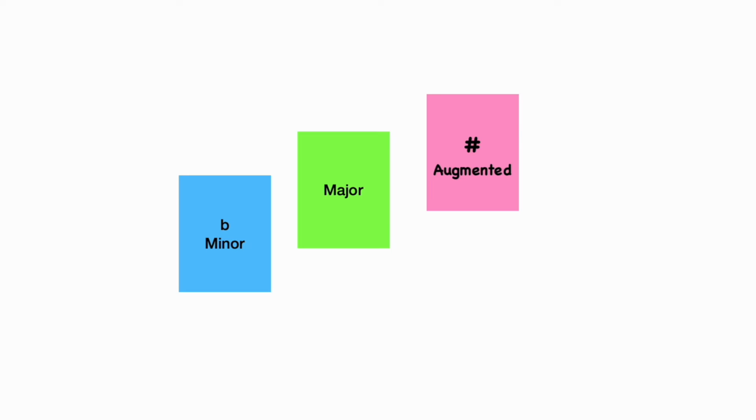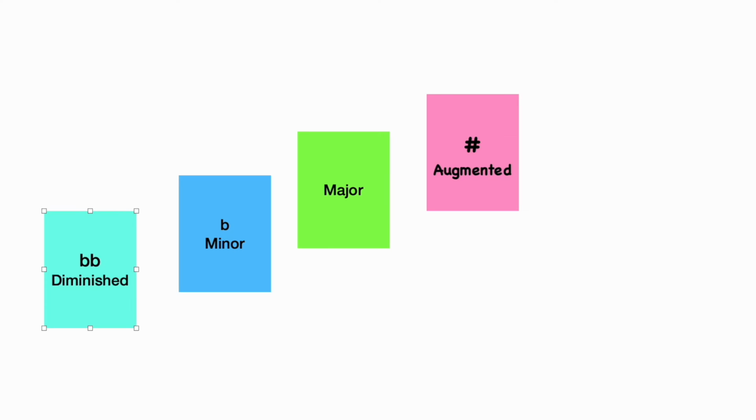So C, E, C, D, E, 1, 2, 3. C to E is a major third. But if you lower the E to an E flat, it's now a minor third. C to E flat is a minor third. What if we were to flatten it again? Well, then we would call it a diminished third.